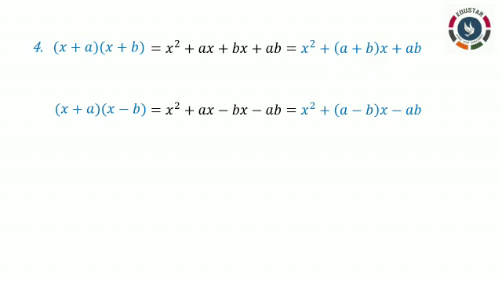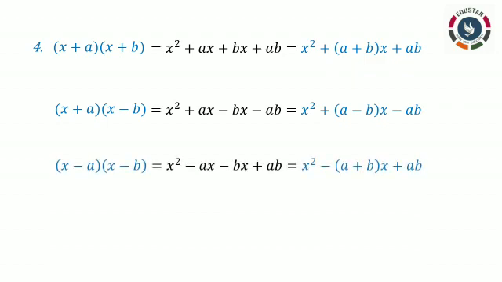In case both the symbols are changed, that is x minus a into x minus b, on multiplying we will get x square minus (a plus b) into x plus ab. If you check all these 3 RHS, you can see clearly only the symbols are changed according to the numbers we have taken. Now, let's discuss a few problems based on these 4 identities.